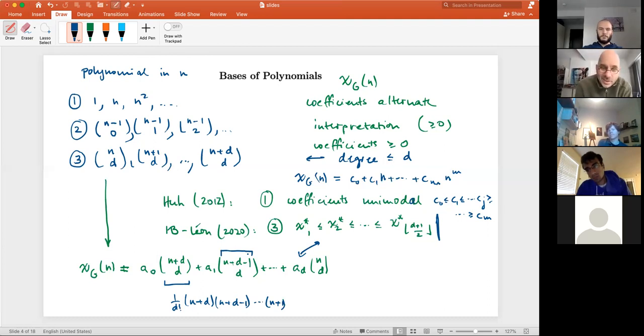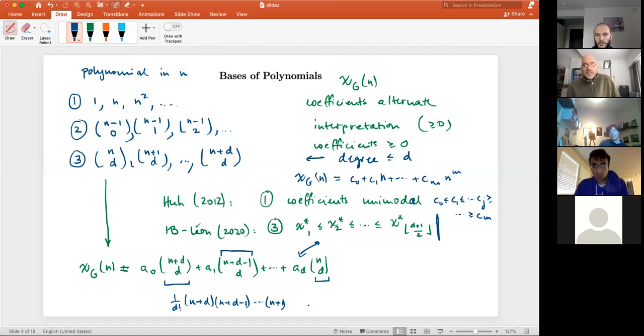This makes it super easy to, for example, plug in things like n equals 4. That was the 4-color theorem. If my graph is planar, I claim this is a good basis, because if you want to plug in n equals 4, we don't have to worry about this last term over here, unless D is super small. This is going to be 0. So for n equals 4, you can just concentrate on the first 5 coefficients.